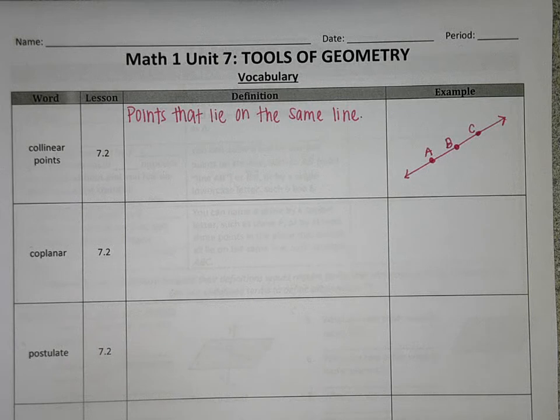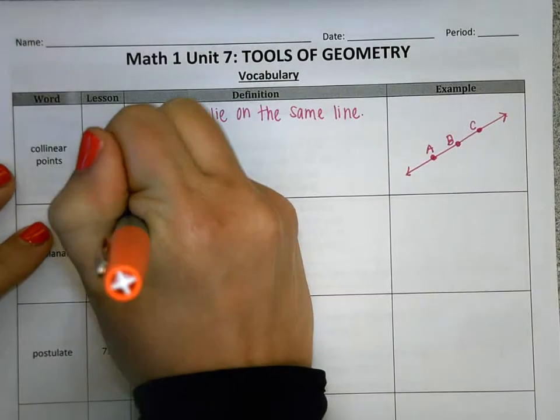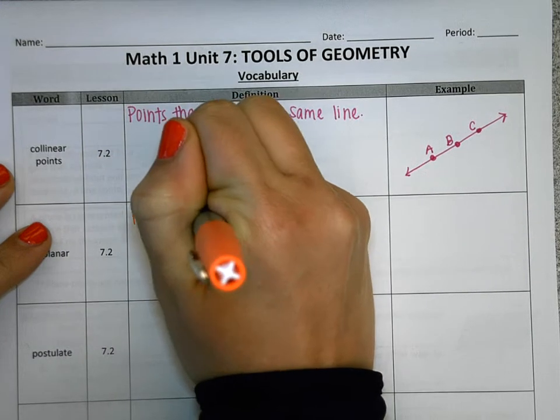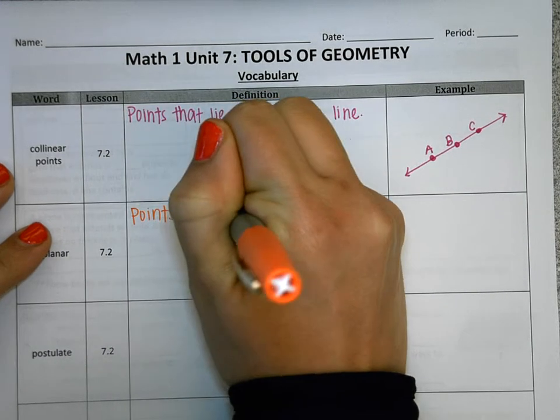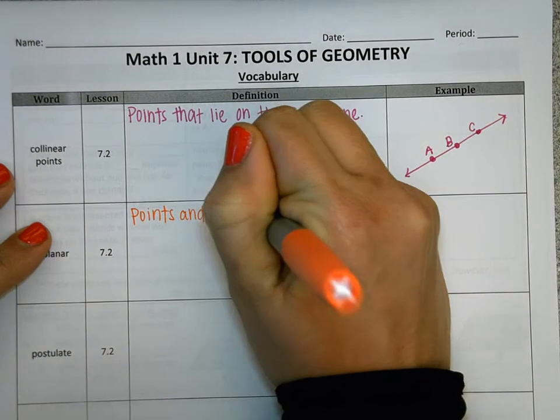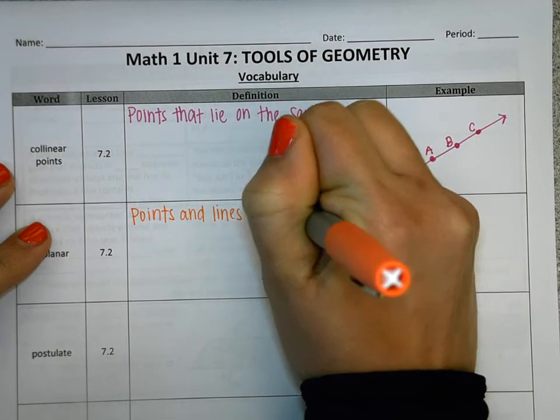We also have what's called coplanar. Coplanar are points and lines that are on the same plane.